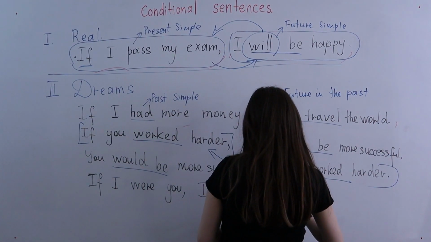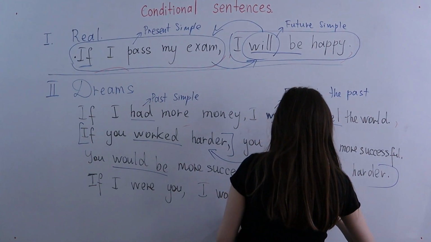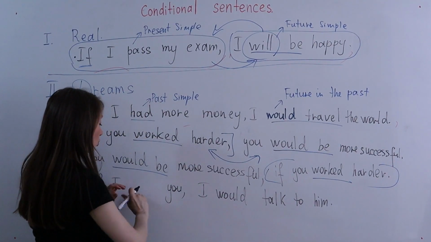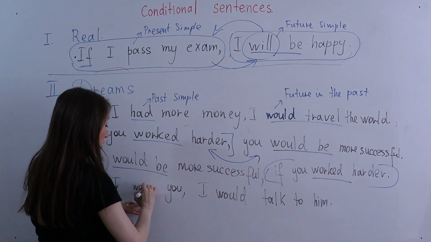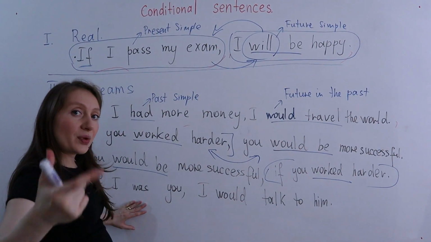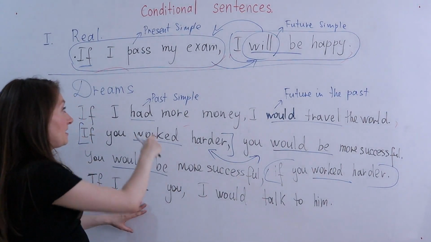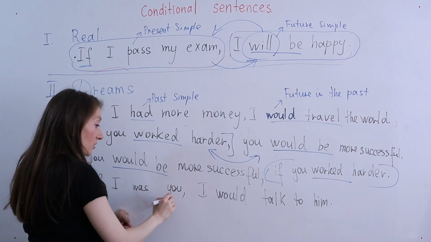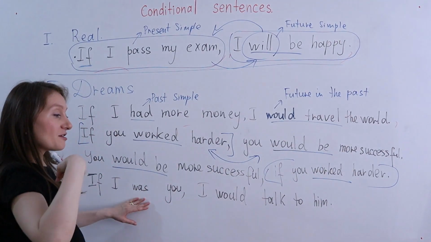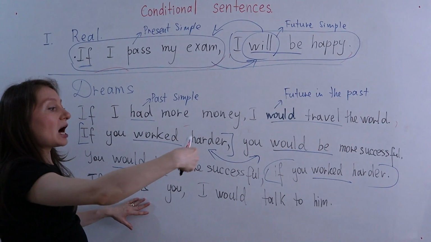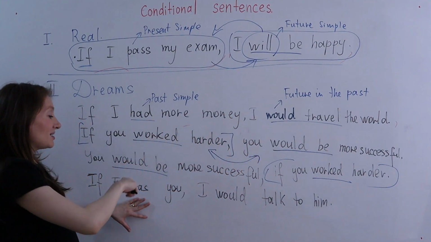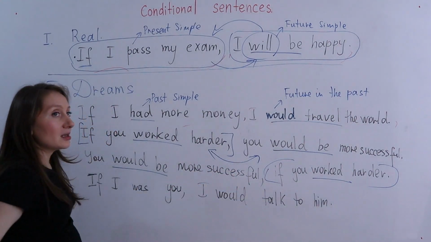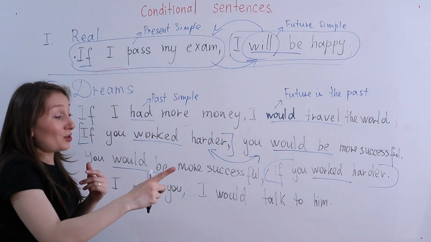Let's make it positive. So, actually I have to use was here. So, you know, present simple, I am. But here we have to use past simple, so I was. If I was you, I would talk to him. Sen olsaydın, konuşurdum. Right? But right now, I cannot be you.